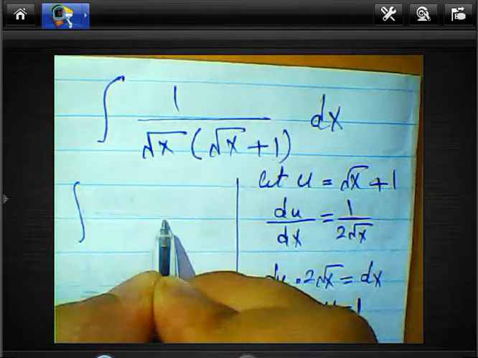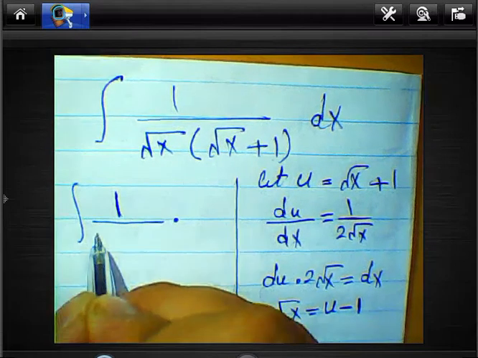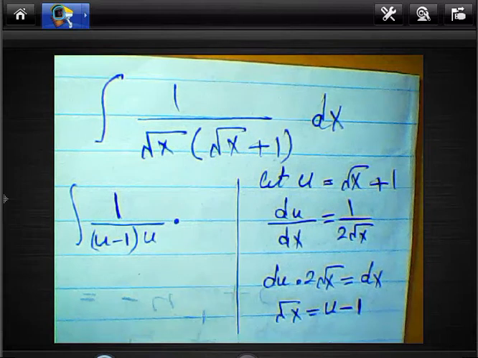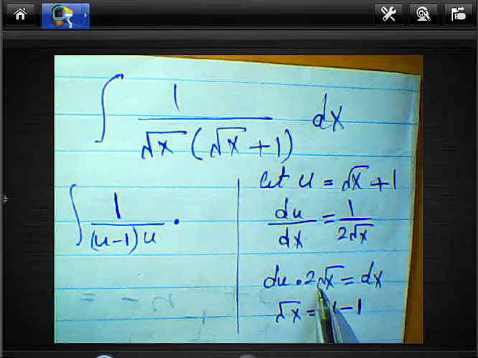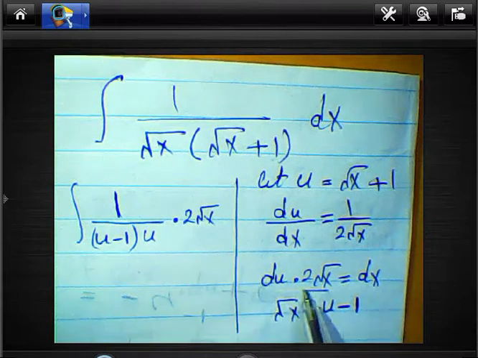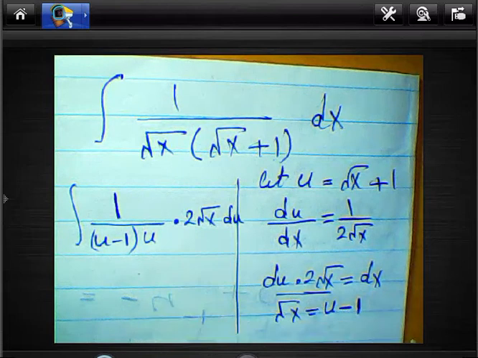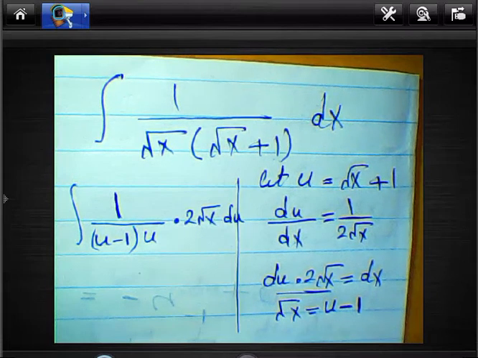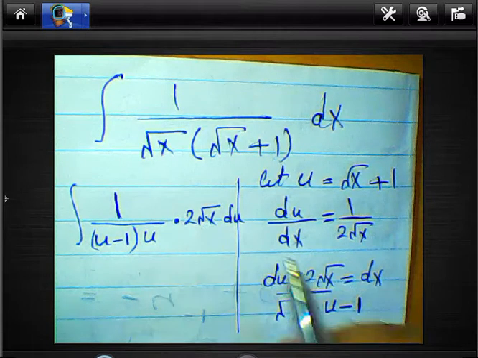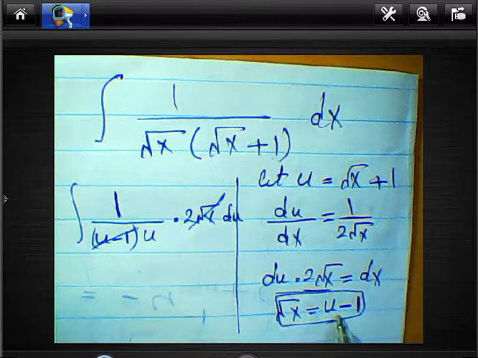Then we can write 1 over u subtract 1 multiply by u, and dx equal du multiply 2 root x, and we can cancel root x with u minus 1, because root x equal u minus 1.